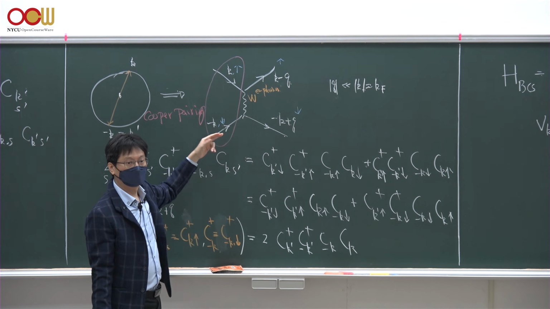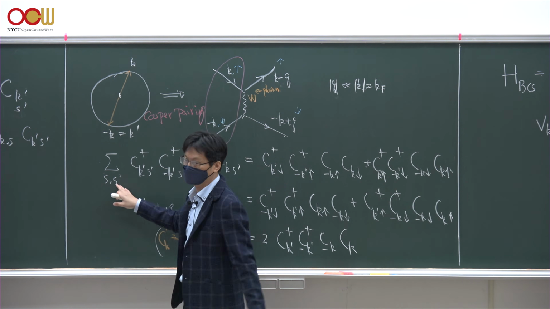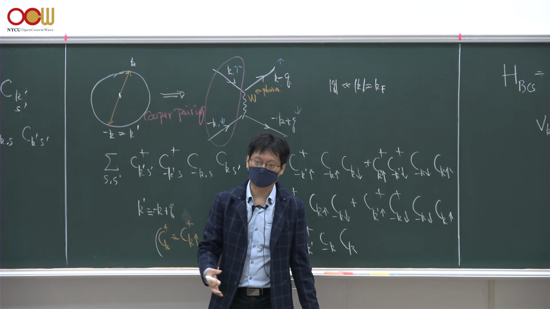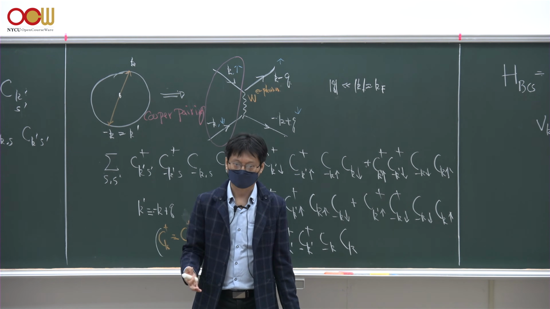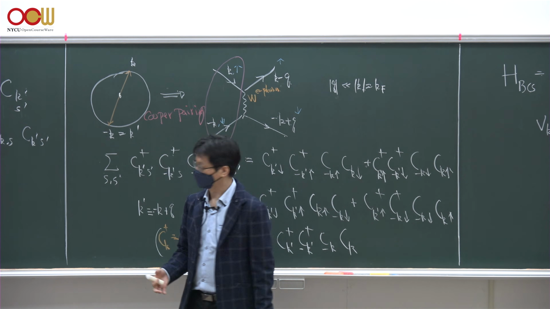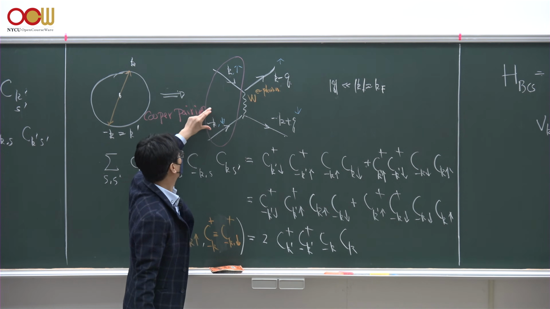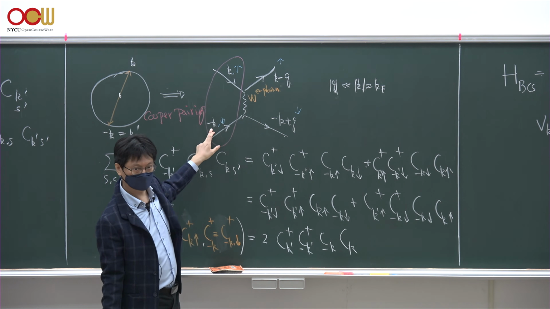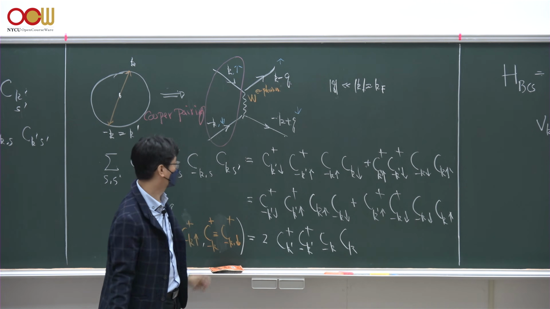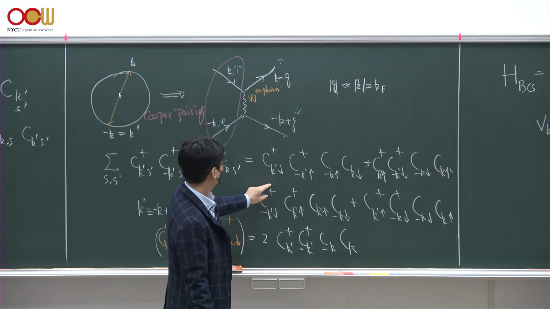So although we sum over both spin indices s and s prime, so it looks like there are 4 possibilities, in fact there are only 2 possible states, right? Either k up pairs with minus k down, or k down with minus k up. That's it. Therefore we could simply write down these 2 possibilities.